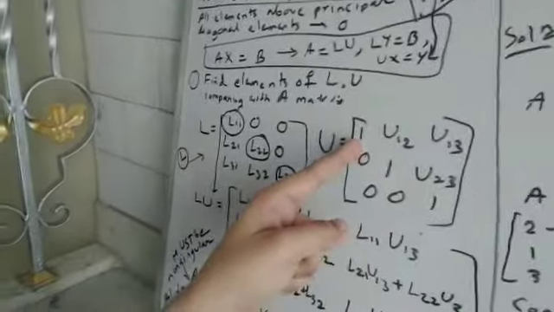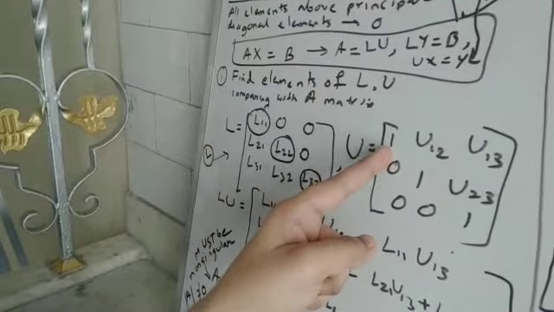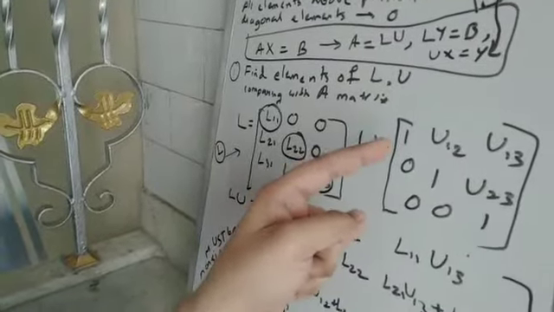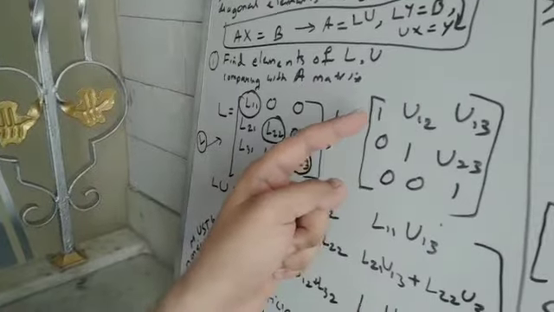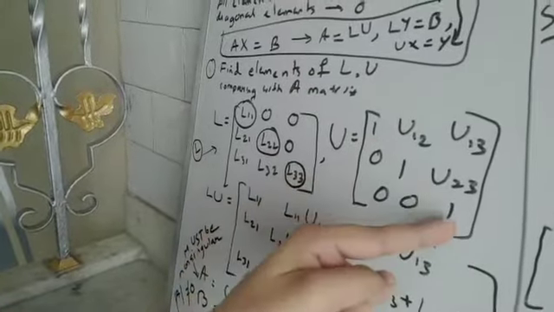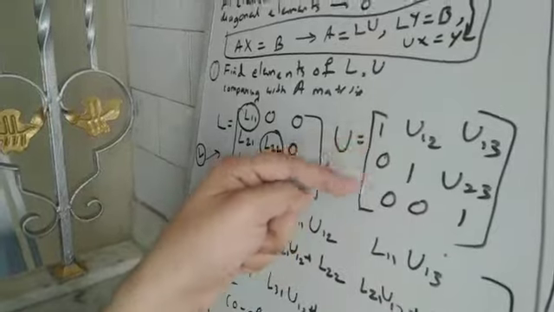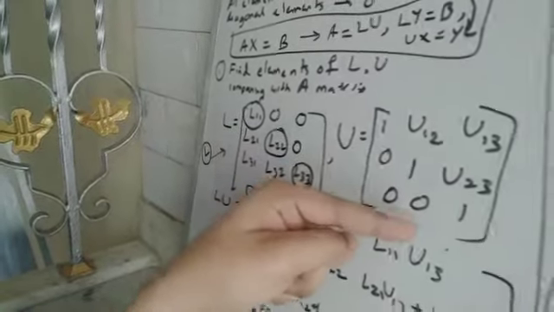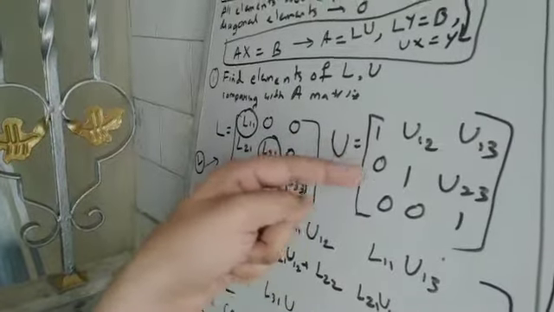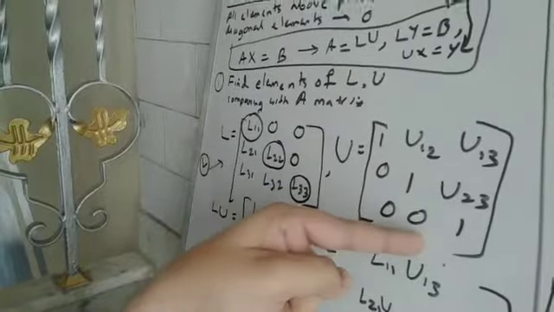That means, what are the diagonal elements here? This and this. So all elements below this diagonal element should be 0. So for this case, this 2 will be 0. For this case, this will be 0.